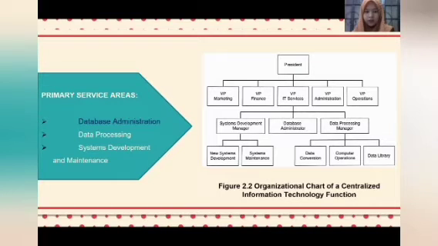So for database administration, centrally organized companies maintain their data resources in a central location that is shared by all end users. In this shared data arrangement, an independent group headed by the database administrator or the DBA is responsible for the security and integrity of the database.